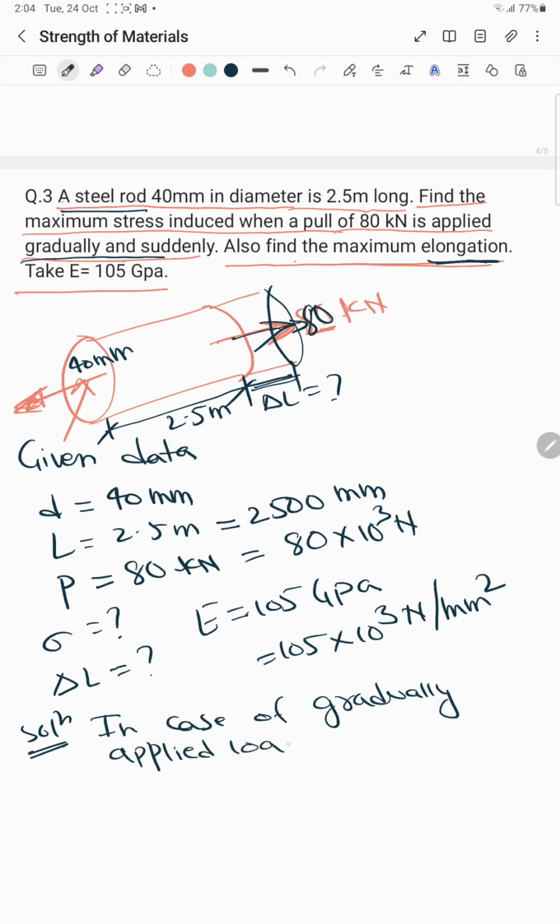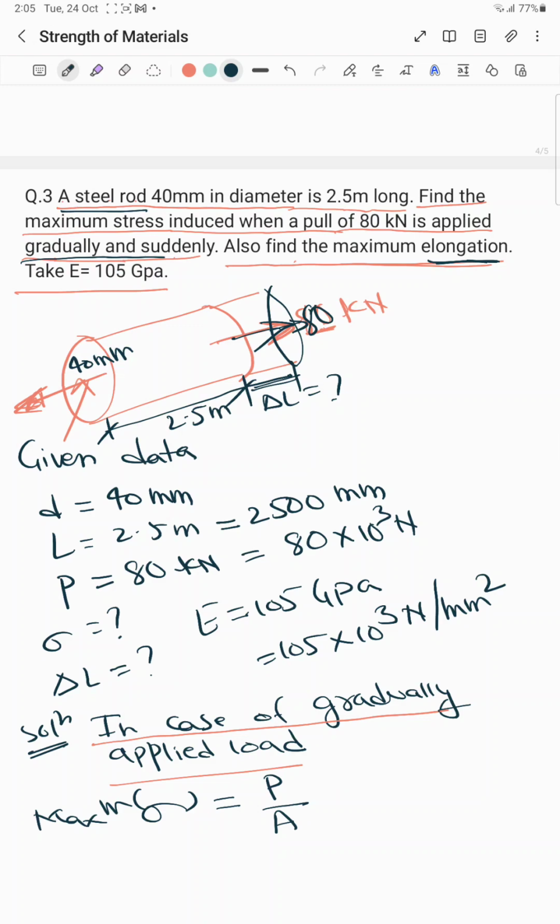In case of the gradually applied load, the maximum stress is sigma equal to P by A, and this derivation has already been done in my previous video, so you can go and check it out.